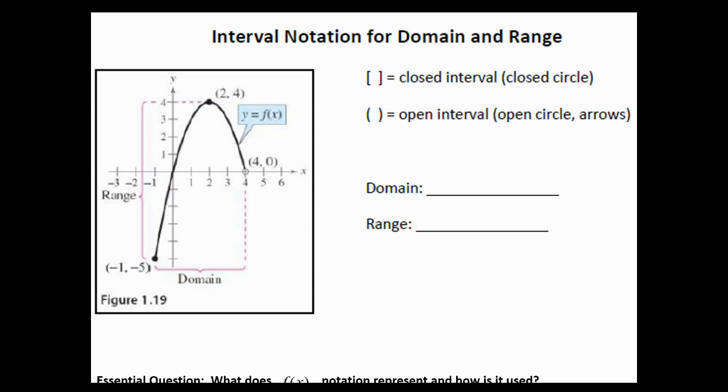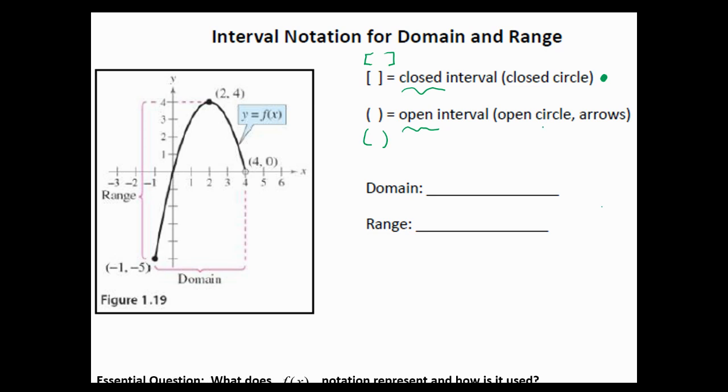Okay, so we need to get used to the interval notation for domain and range. So interval notation, you either have a closed or open interval, and we did go over this in Algebra 2. Closed will use brackets. Open will use parentheses when we write our answers. And then a closed interval has a closed dot.